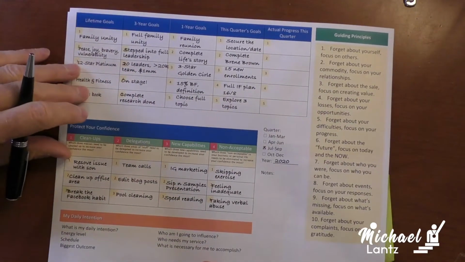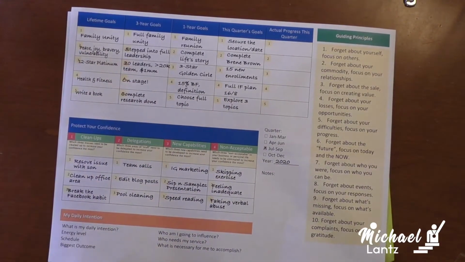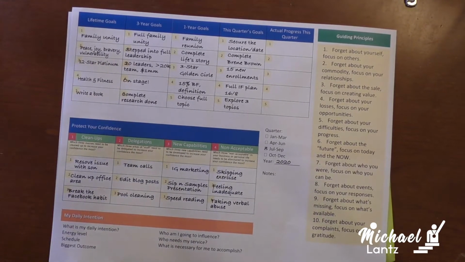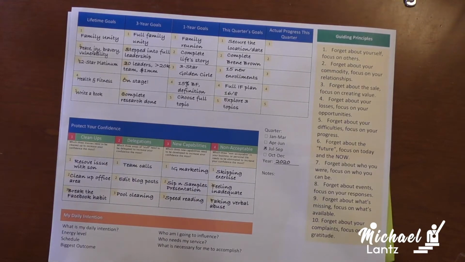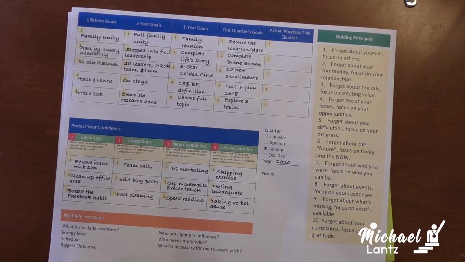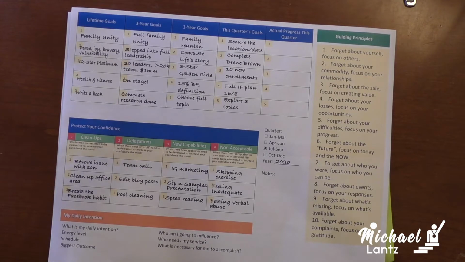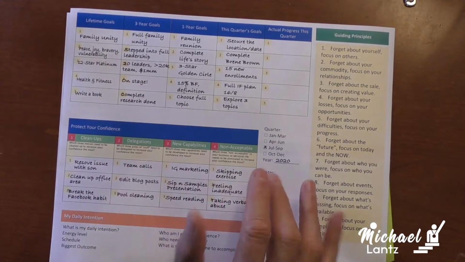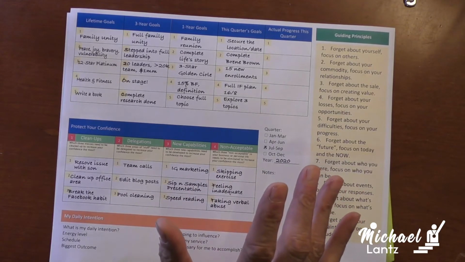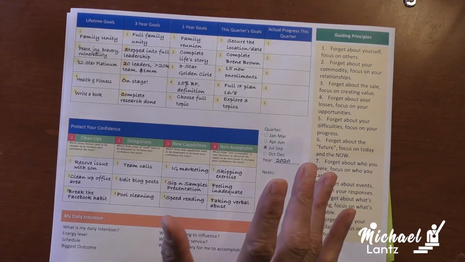I have taken the liberty of populating some of these areas, like lifetime goals. With respect to Bo Eason, I mentioned him. Bo Eason believes that instead of creating a goal or a vision, you do it in the form of a declaration. The greatest declaration of all time was the Declaration of Independence, where the founders created a declaration for this country to live by, and we've lived by it for over 200 years.